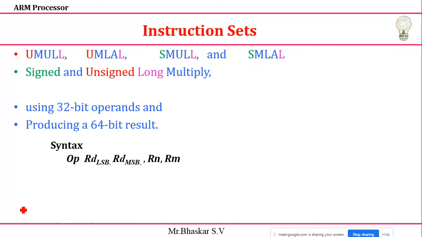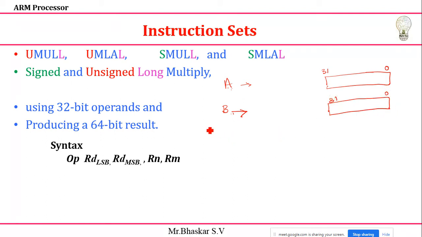Suppose I have two numbers, A and another number B, and I need to multiply A and B. A is a 32-bit value, bits 0 to 31. Similarly, B is another value, one complete word, also 32 bit, 0 to 31. So I'm doing the multiplication operation.